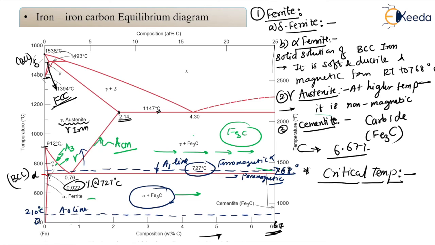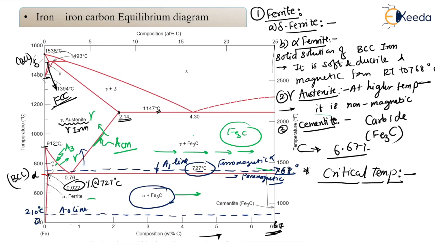But when you cross this line and go here, there will be no more cementite, dear students. This cementite is dissolved into 100% gamma austenite. Okay, so dear students, this line is our ACM line. ACM for cementite. So last trace of cementite.